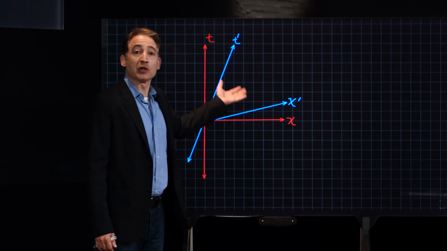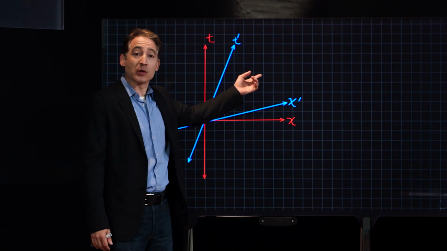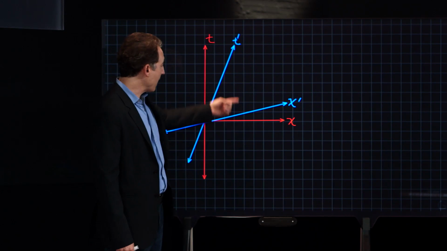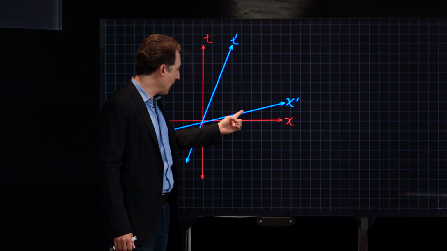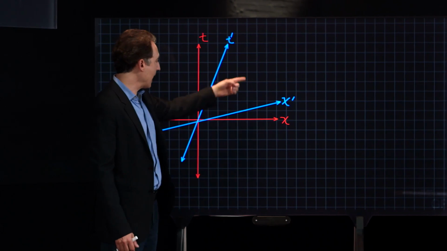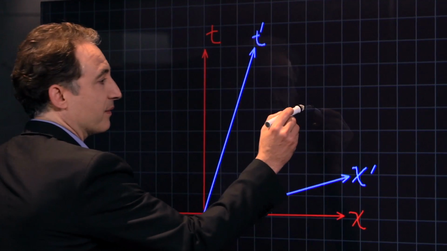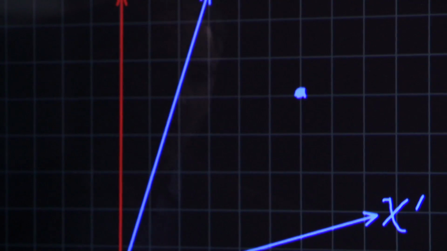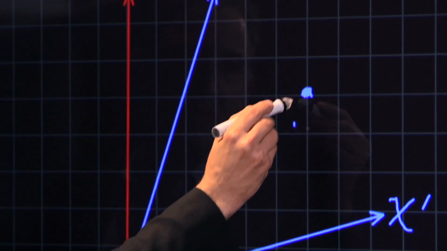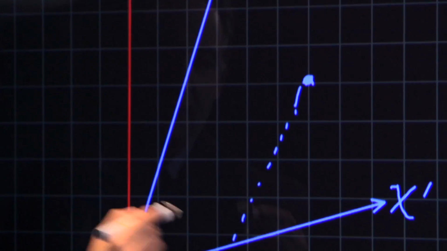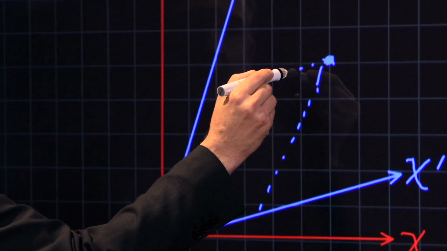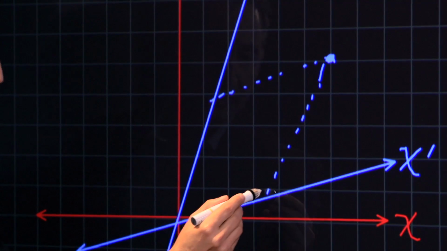They provide a perfectly good coordinate system, and we've seen how you get the coordinates of any point by drawing lines parallel to one or the other axis to figure out the coordinate values of that point. So again, if I have some point over here, all I need to do is draw a dotted line this way, parallel to that axis, and a dotted line this way, parallel to that axis.